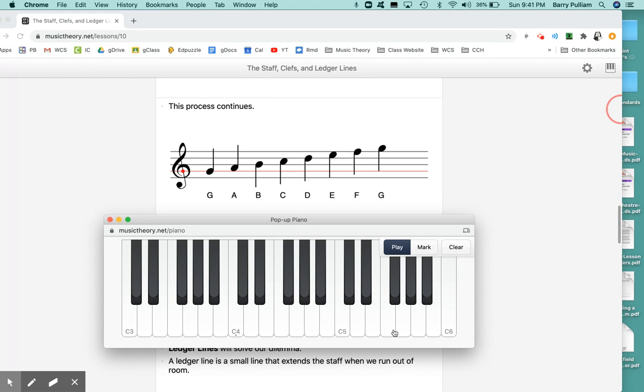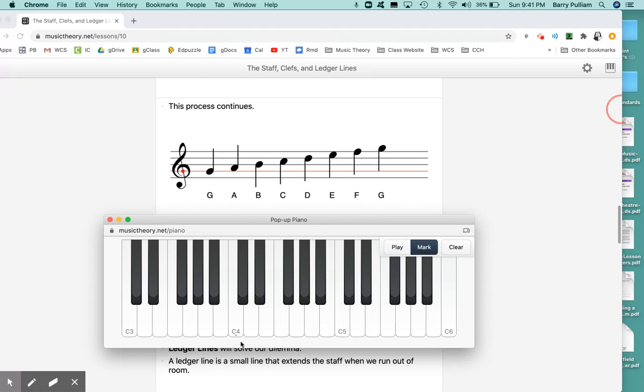Because you were expecting that F sharp in there. But this is what's written. This, what I'm playing, is what's written up here. B, C, D, E, F, G.